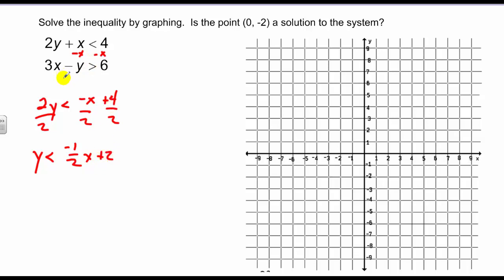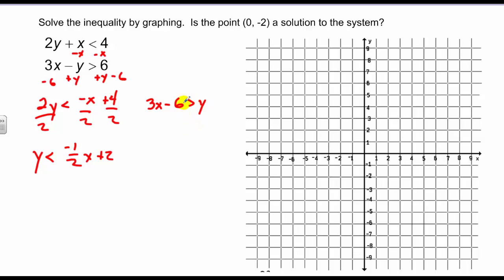Second equation, I think it's probably just easier to add y to both sides and subtract 6 from both sides. That gives me 3x minus 6 is greater than y.